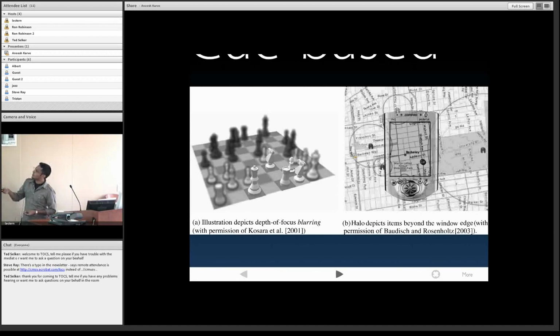The idea here is that we draw a halo around all of the results that fall outside of the viewport. And then the user now has a hint. And the degree of the arc or halo that falls on the edge of the viewport tells the viewer how far away the results that are out of viewport are from the focus. That's the idea there. Yeah, please.